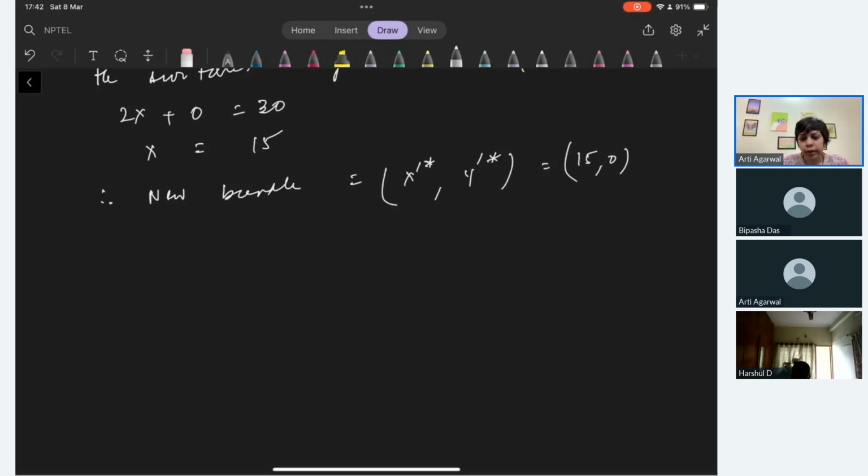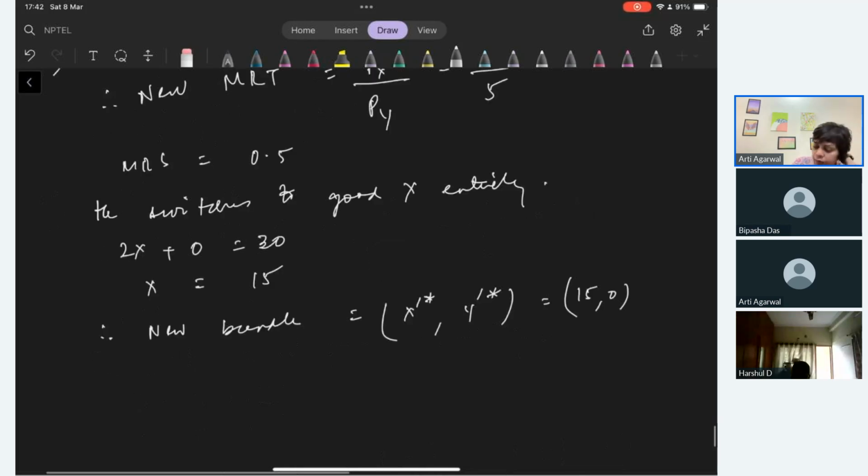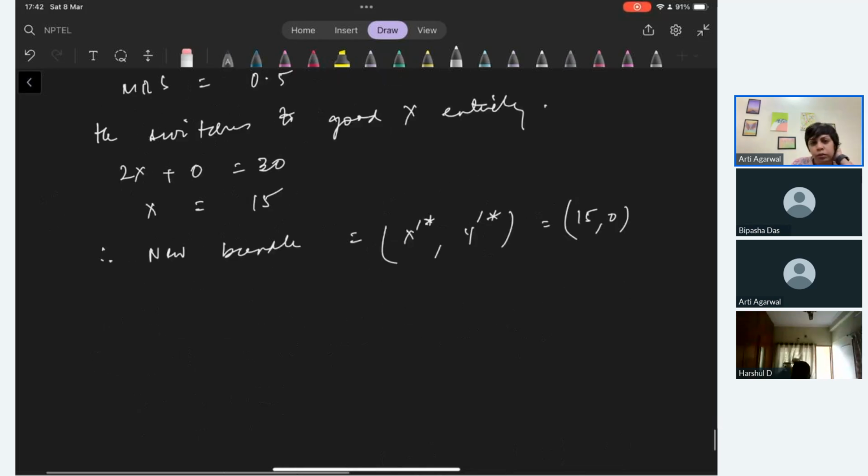Okay, so this is our final consumption bundle. Initially, what did we have? We had 0, 6. Now we have 15, 0, right? Now, what we want to do is decompose this into substitution and income effect. So how do we do this?